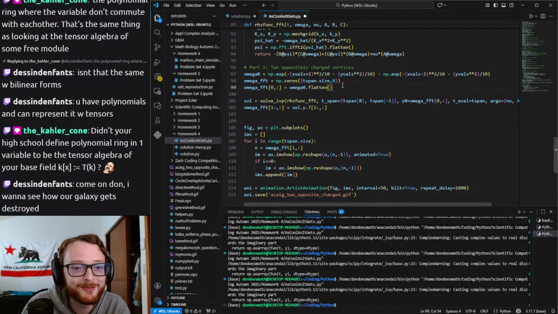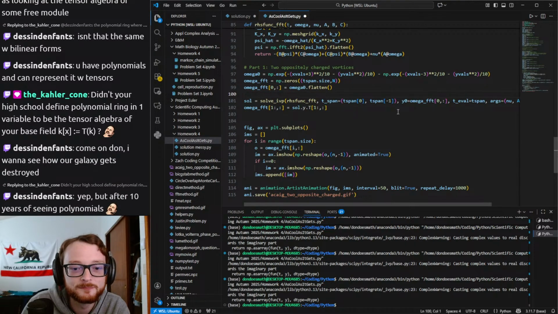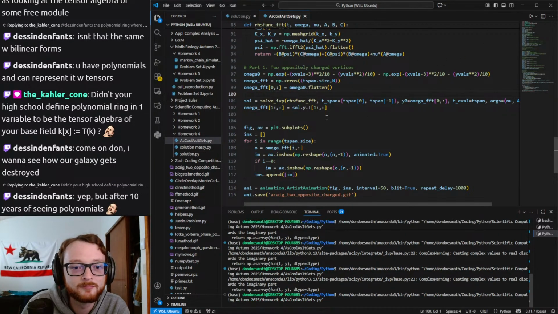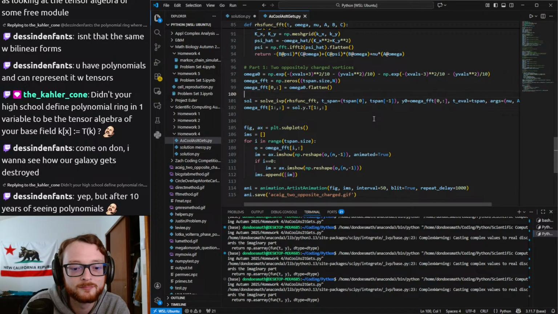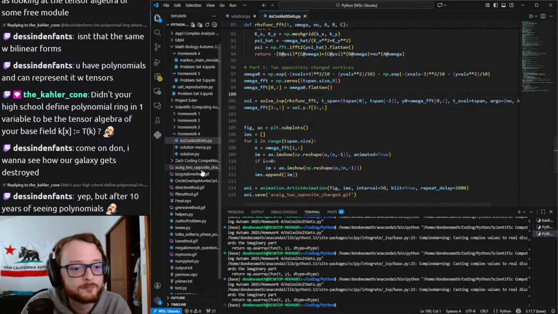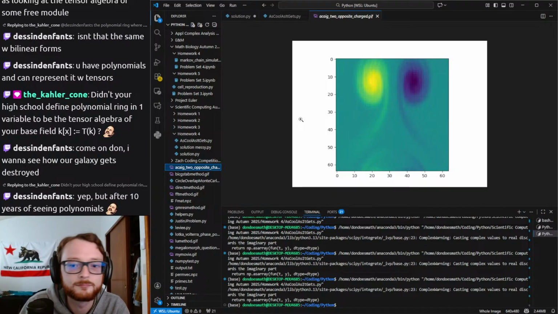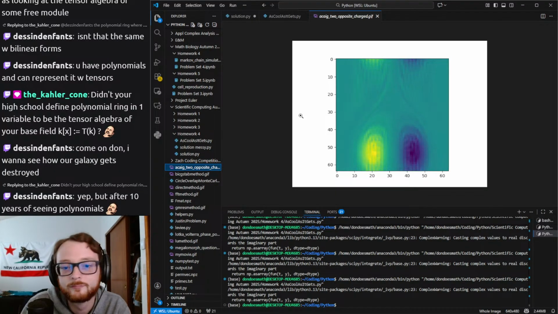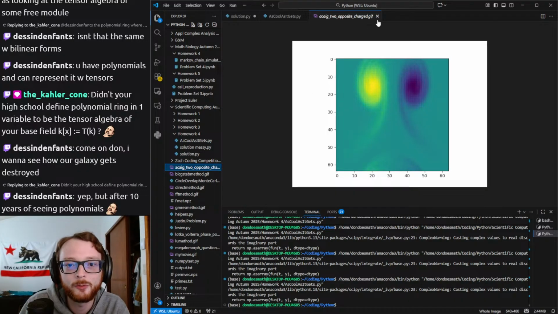I want to see how our galaxy gets destroyed. Yeah, let me just simulate the heat death of the universe really quick. Well, something will probably destroy our galaxy before that happens, right? I don't know. Ooh, the resolution's looking a little rough.